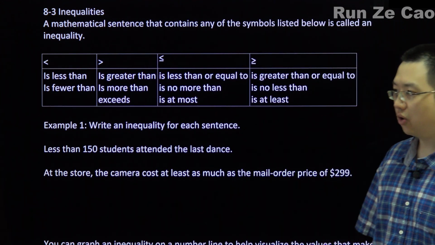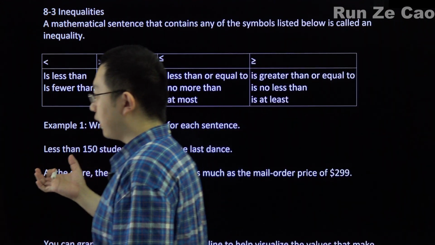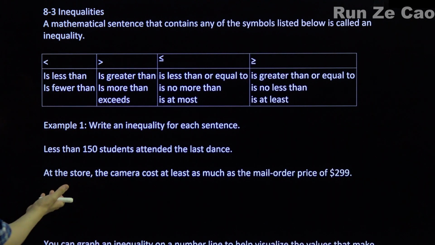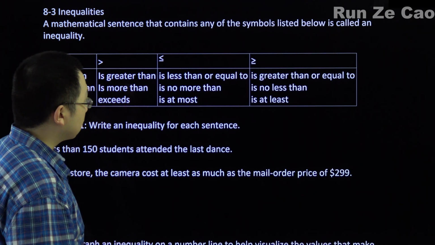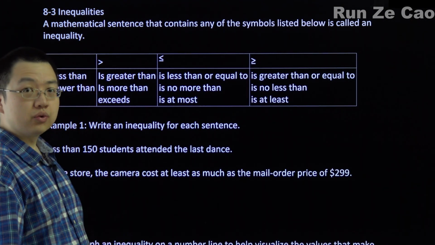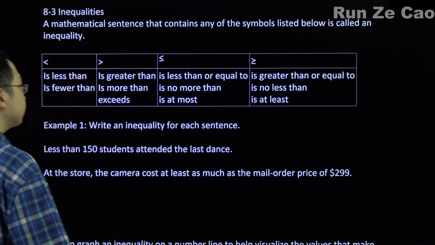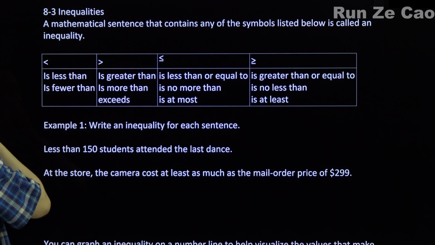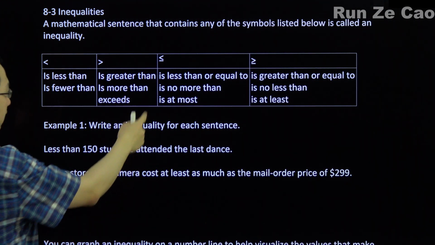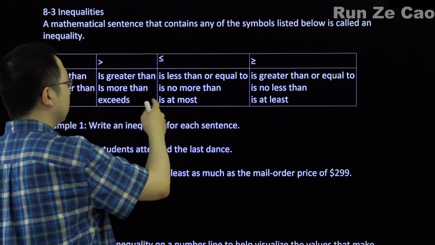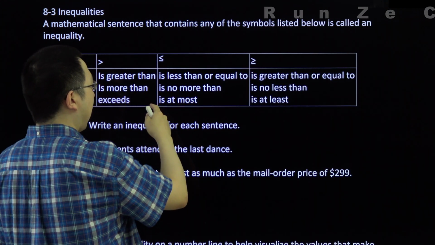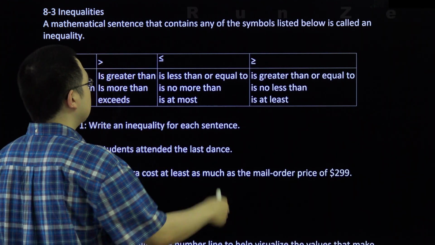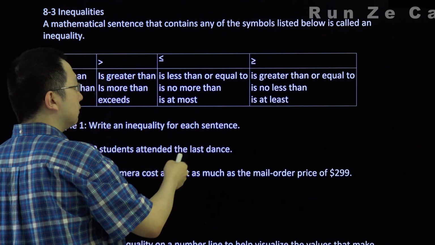Inequalities. Well, they show that one side is greater than or less than, or greater than or equal to, or less than or equal to the other side. So there are many ways you can communicate these. Less than or equal to, no more than, or at most, they mean the same thing.